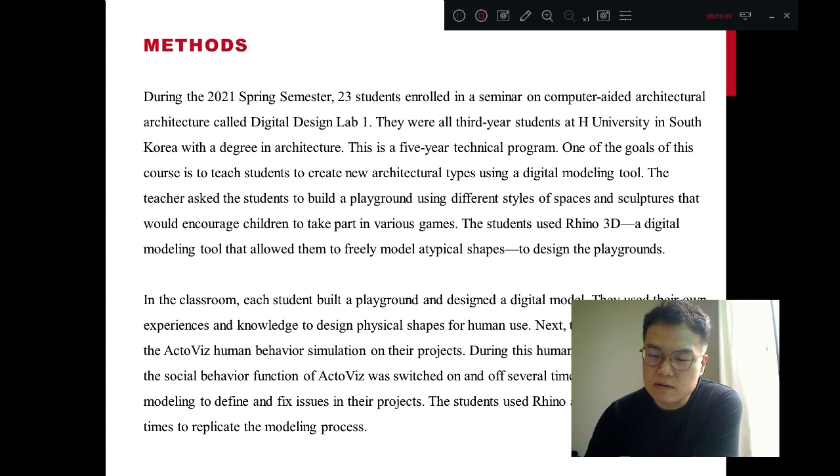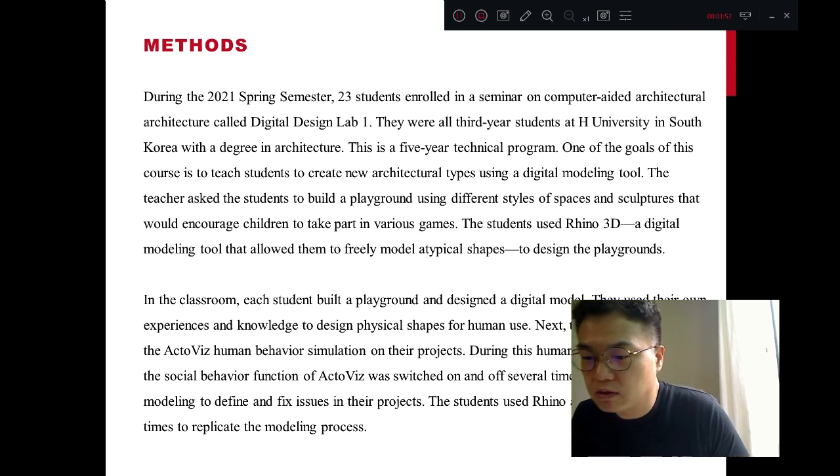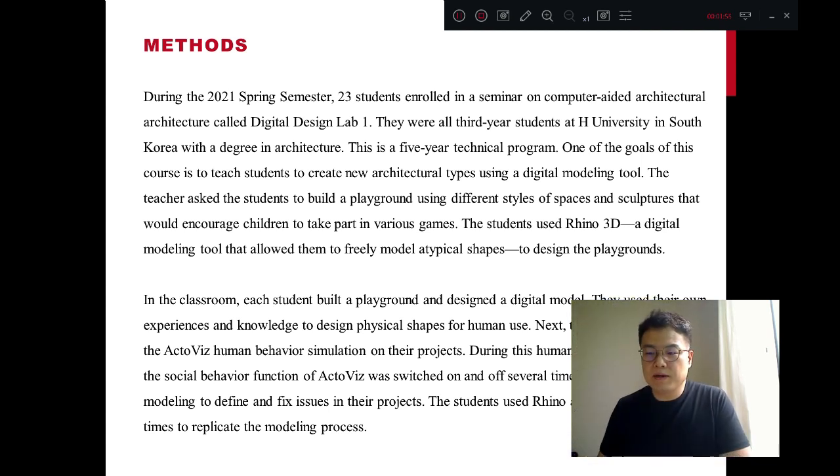In the first week, the teacher asked them to make a playground freely and gave feedback. Then they were provided the ActiveBeach, which simulated human behavior, with some on-off functions. On means social behavior is on or not.